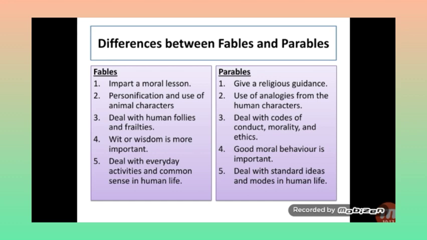Number 5, fables deal with everyday activities and common sense in human life, whereas parables deal with standard ideas and modes in human life. Okay, with these 5 differences, we have discussed the difference between fables and parables. I think it's clear through this table.